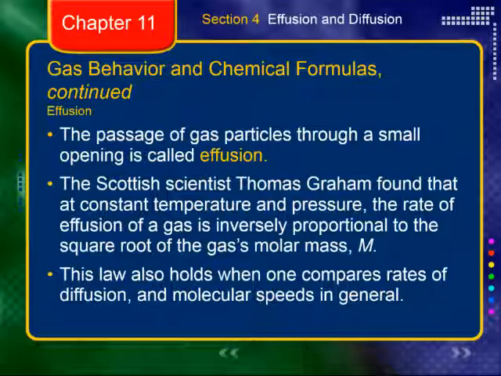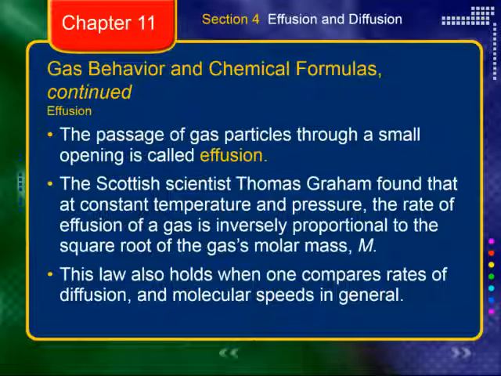The rate of effusion, the speed with which these gases effuse is inversely related to the gas's molar mass, meaning the heavier the gas is, the slower it's going to effuse. The smaller or lighter a gas is, the faster it will effuse. Now there is a square root in there, so don't forget about that. You'll see that when we actually show you the equation here in a moment, but it's an inverse relationship.